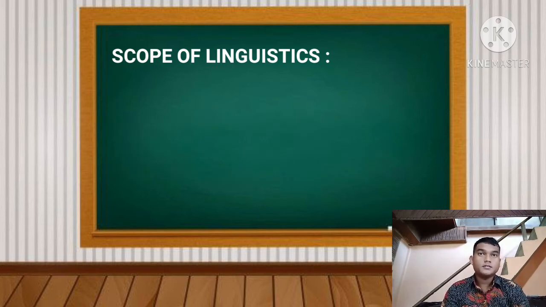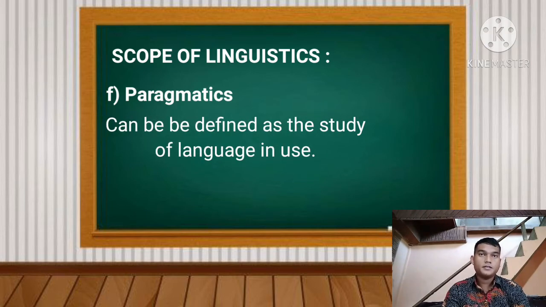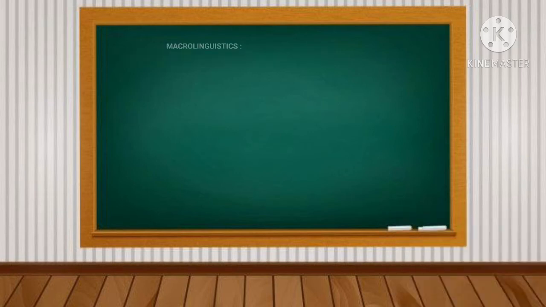And the last in microlinguistics, pragmatics. Pragmatics can be defined as the study of language in use. It deals with how speakers use language in a way which cannot be predicted from linguistic knowledge alone, and how hearers arrive at the intended meaning of the speaker.